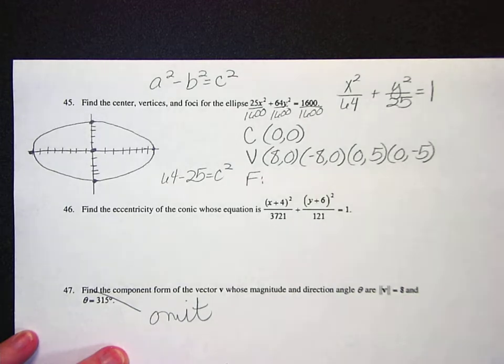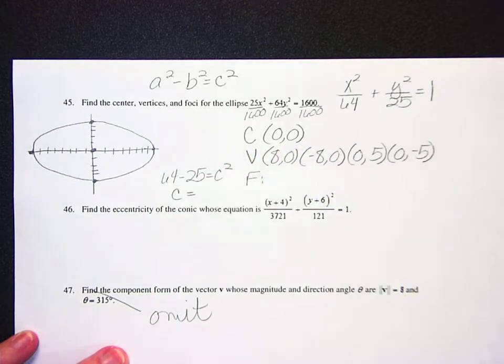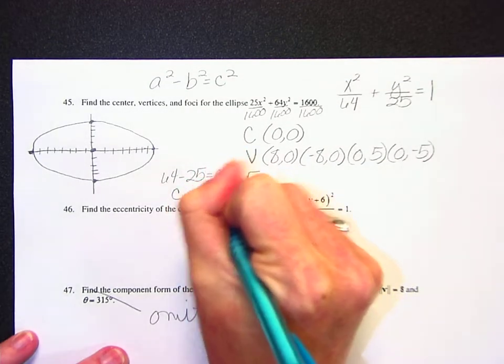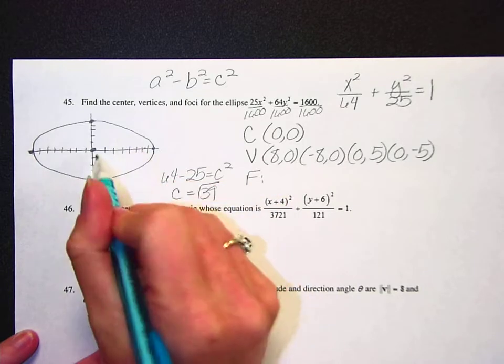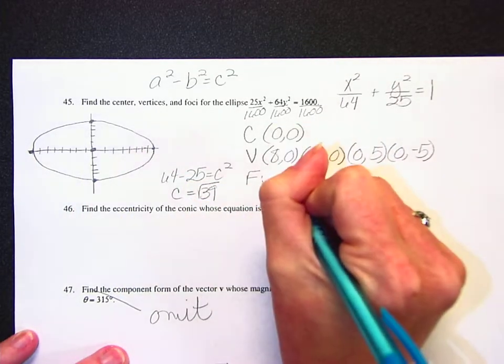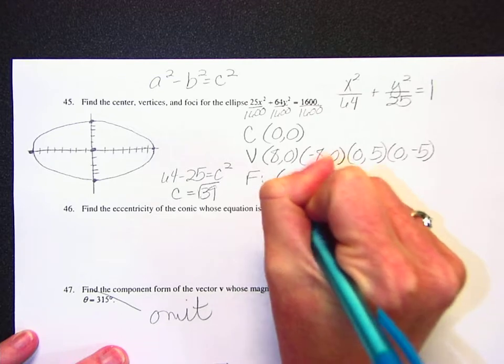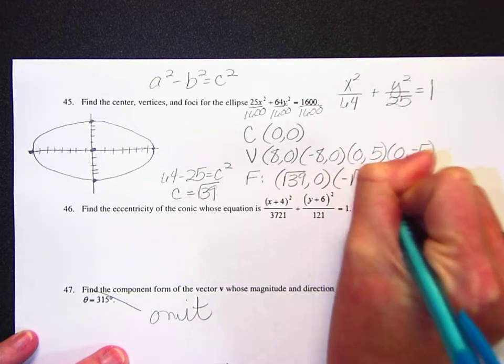So 64 minus 25 gives me 39. So my c value is going to be the square root of 39. And I want to do that in the direction of my bigger axis. So here it is right here, 8. So I'm going to go left and right 8 to find that. So that's going to be positive square root of 39 with 0 and negative square root of 39 with 0.